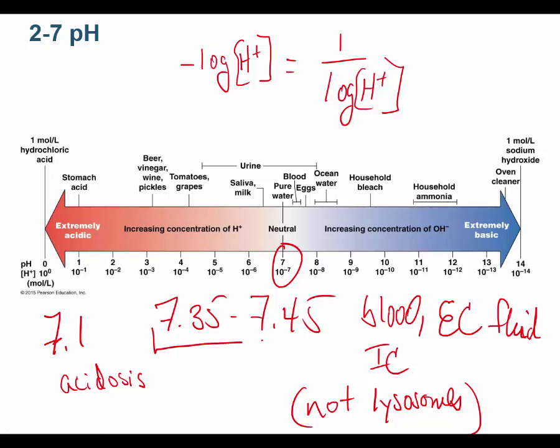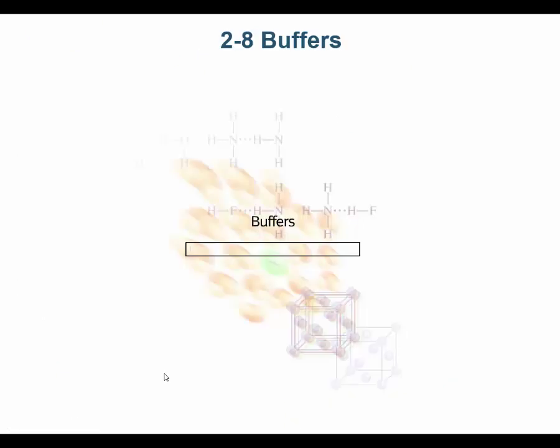Because normal value is 7.35 to 7.45. Anything less than 7.35 is considered acidosis. Anything greater than 7.45 is considered alkalosis. And strictly speaking, 7.1 is not acidic, but it's acidic for normal value, so we say it's acidotic. So that was a concept I wanted to mention to you.